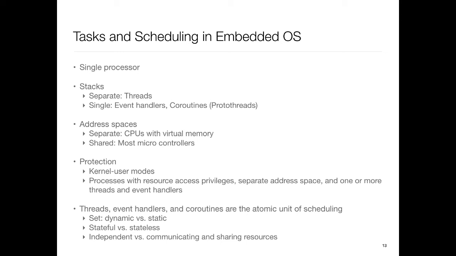Address spaces: do these different tasks interfere with each other, or do they have an illusion of their own memory spaces, or can they trash each other? Protection: we talked about how there is a supervisory mode versus application mode. So are there any mechanisms provided by the hardware to accomplish these? And is the set of tasks dynamic or static, all those kinds of things.